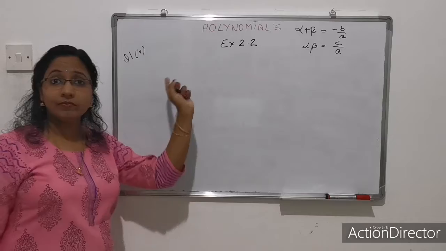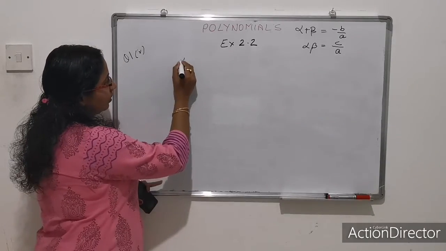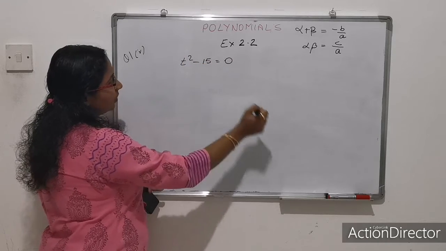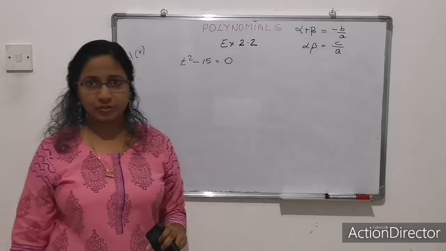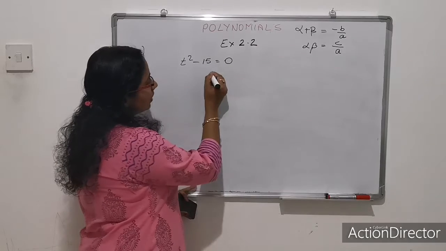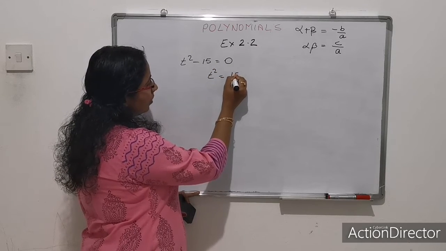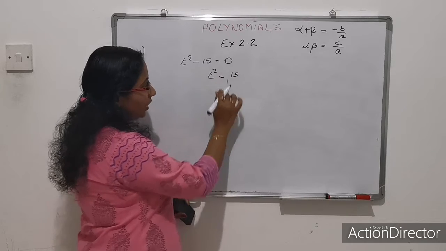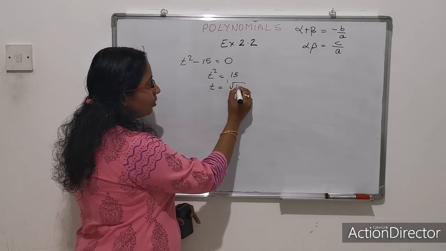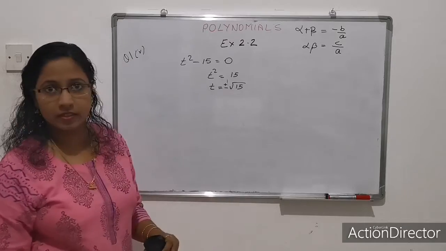Exercise 2.2 question 1, fifth part. Okay, t square minus 15. Only this much. Okay, so this means t square is equal to 15. So t is equal to root 15, or you can say plus minus root 15.